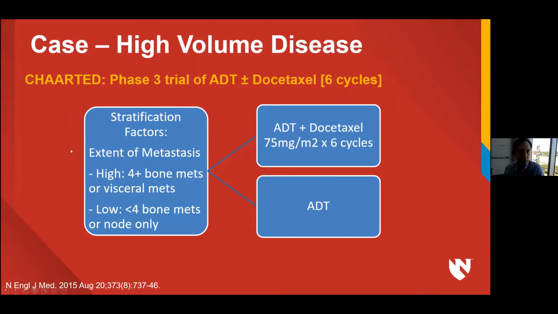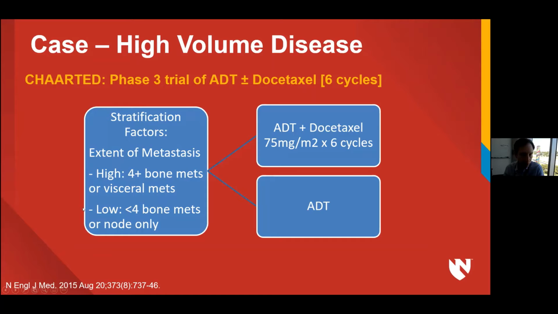Highlighted here is one of the stratification factors that was used in this study. The authors defined 2 clinical states. One, what they called high volume disease: patients that presented either with visceral metastases, such as lung or liver metastases, which are relatively rare for initial presentation of hormone-sensitive prostate cancer, or a high number of bone metastases, which they defined as 4 or greater bone metastases, including 1 outside the axial skeleton.